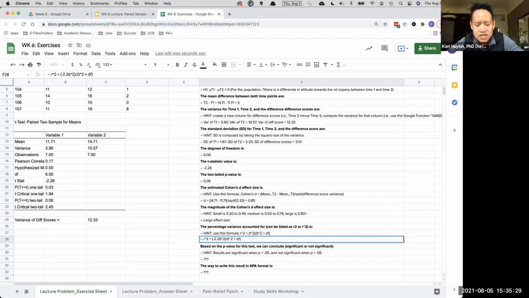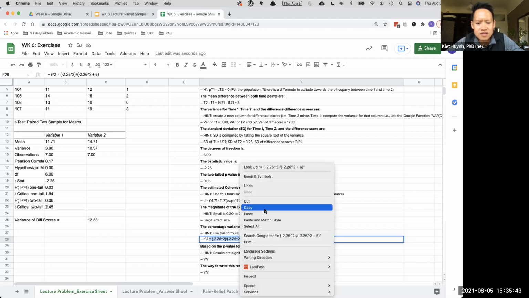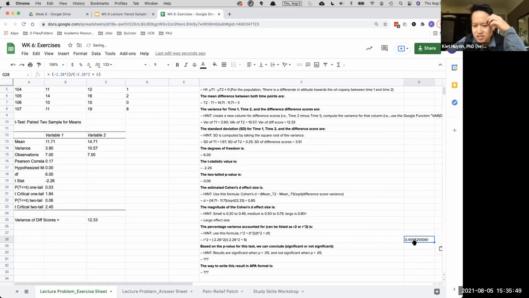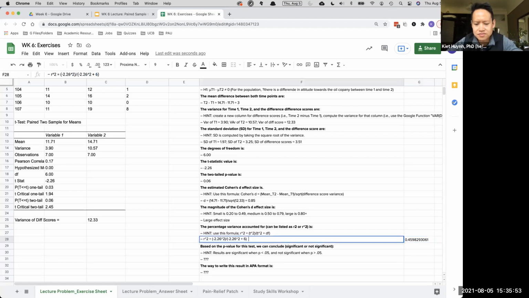Degrees of freedom 6. Remember, if we want Google to compute for us, you have to copy it and paste in a new cell with the equal sign in the beginning. Google computes it for us: 0.46, which is the explained variance.